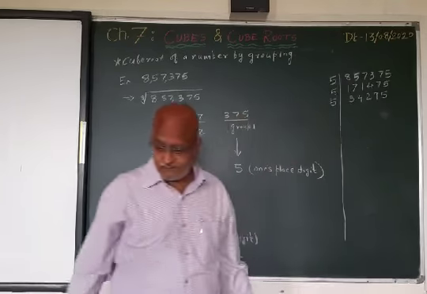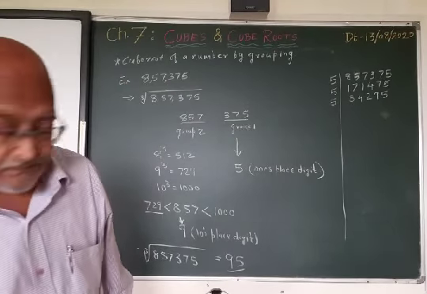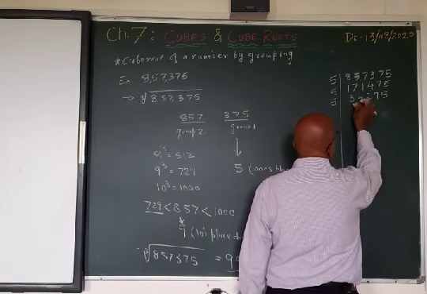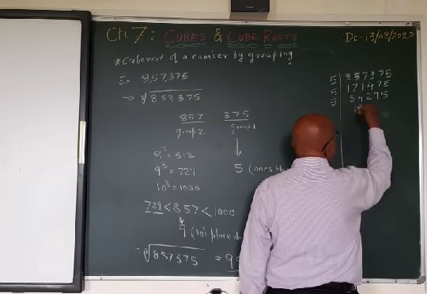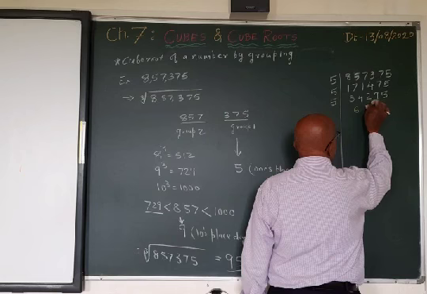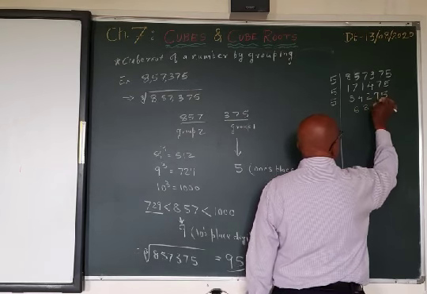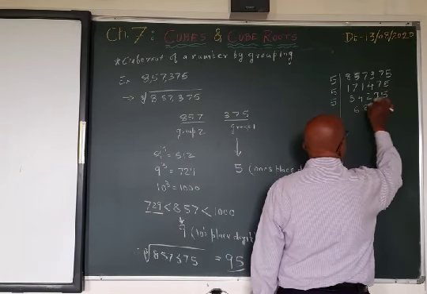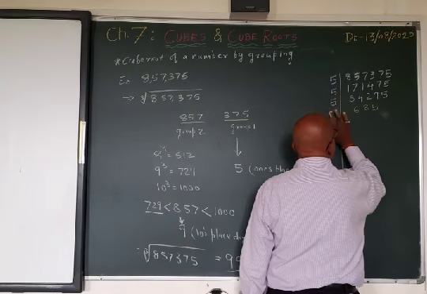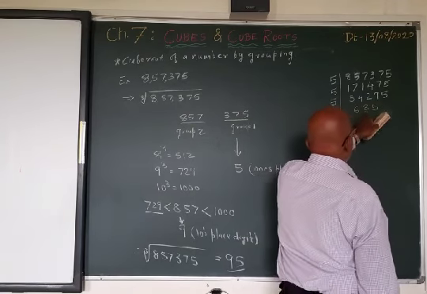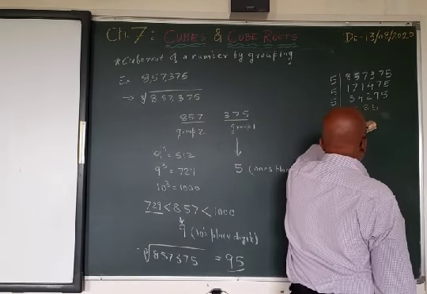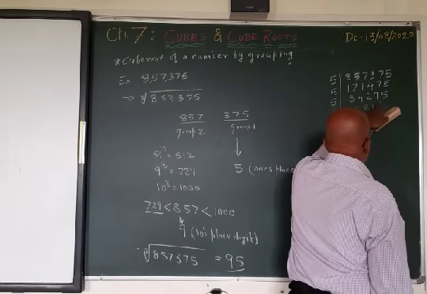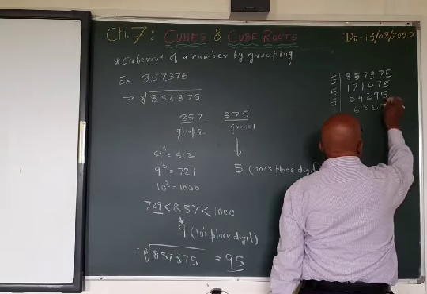5 sixes are 30, 5 eights are 40, 5 fives are 25, and 5 nines are 45.